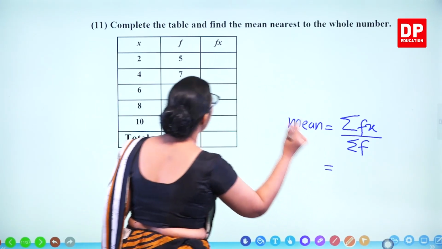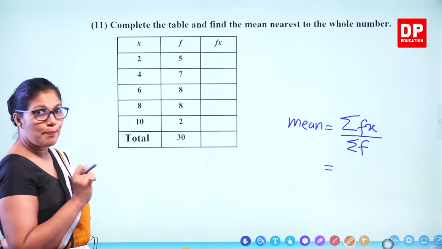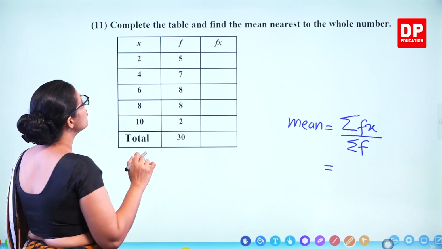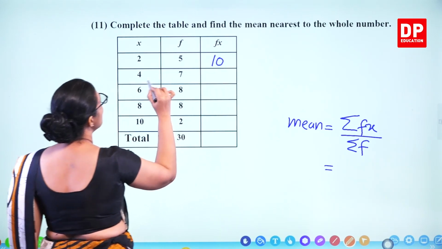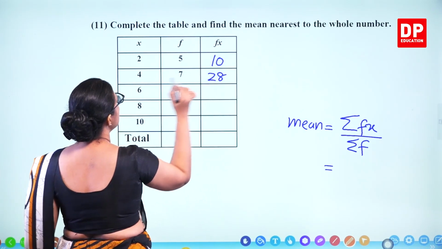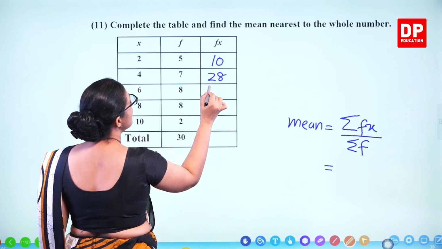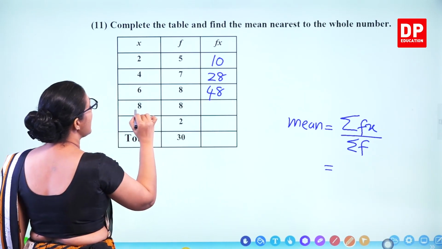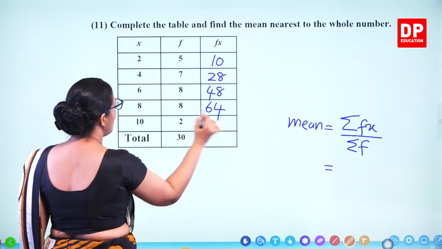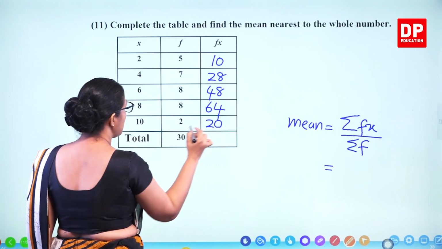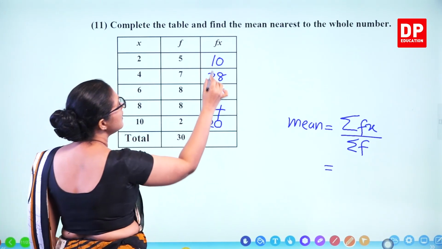So we need to find out fx column. So we'll multiply f into x. 2 times 5, 10. 4 times 7, 28. 6 times 8, 48. 8 times 8, 64. 10 times 2, 20. And the total?